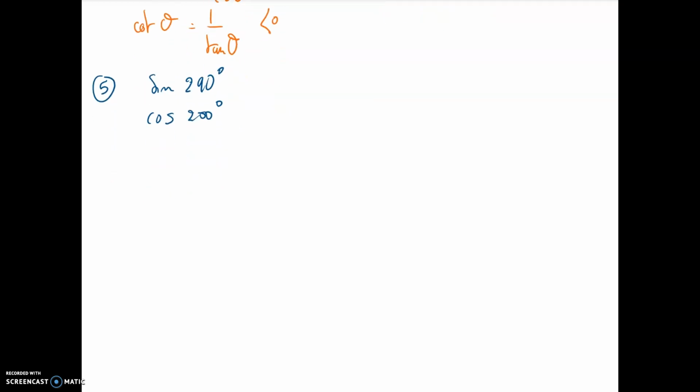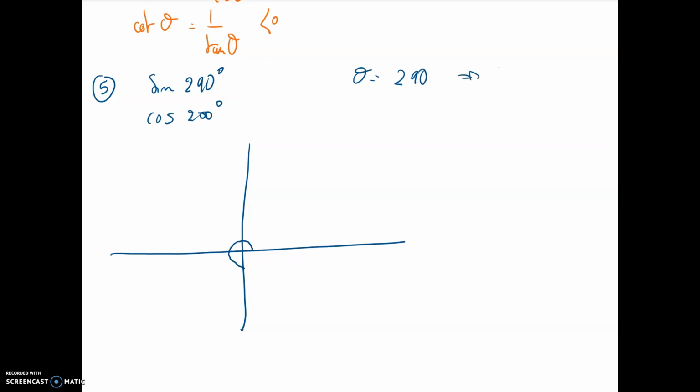So when I look at this, this is 90 degrees, this is 180 degrees, and this is 270 degrees. So basically, theta equals 290 degrees. That means that I will be in quadrant 4.